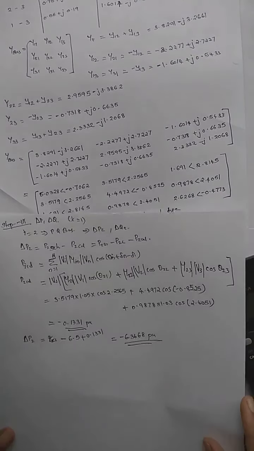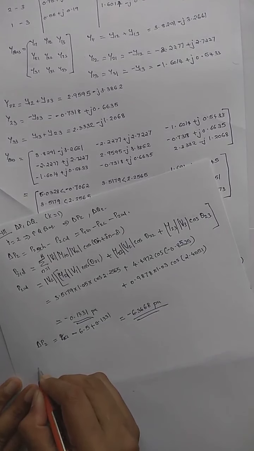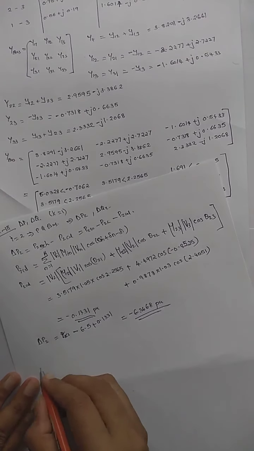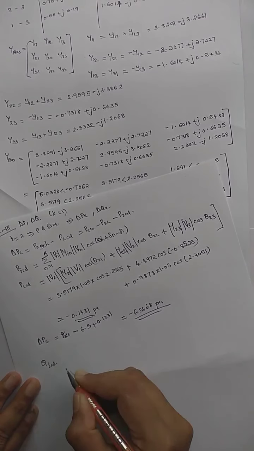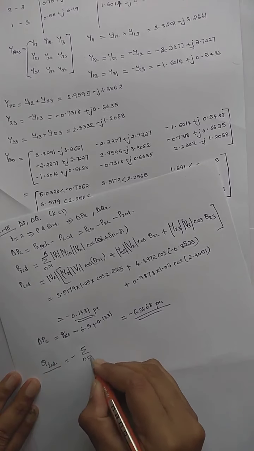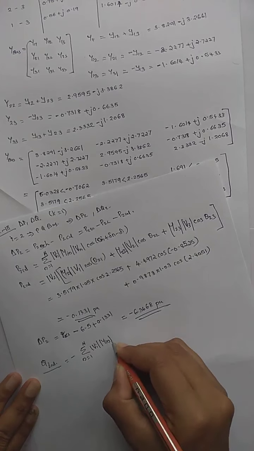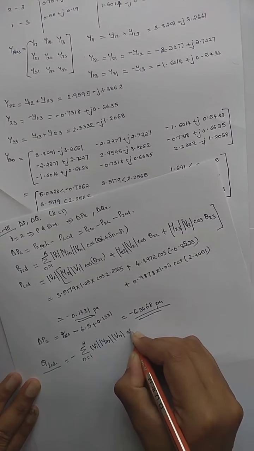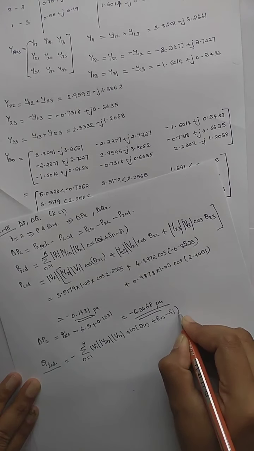Similarly, I have to find out my delta Q2 value. What is delta Q2 value? You know, delta Q2 is Q2 scheduled minus Q2 calculated. So what is the equation for Qi calculated? Qi calculated is equal to minus of sigma n equal to 1 to N Vi Yin Vn sin of theta in plus delta n minus delta i.